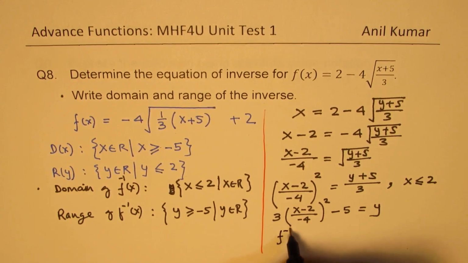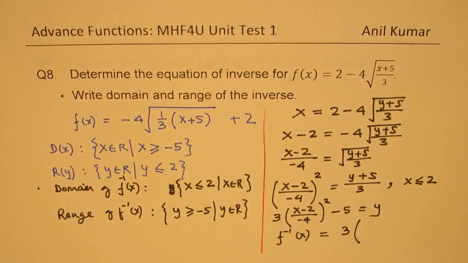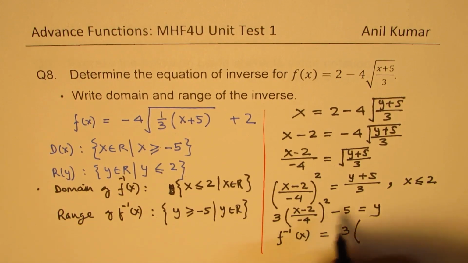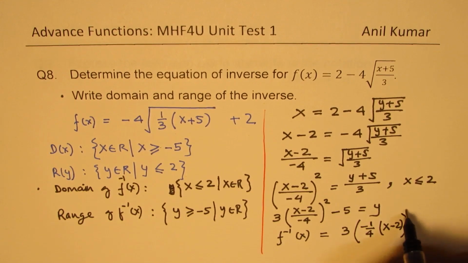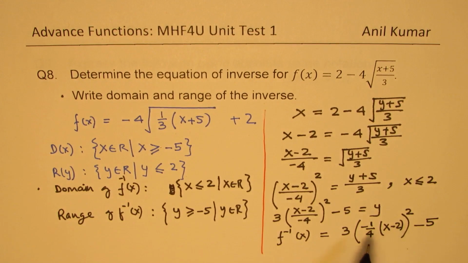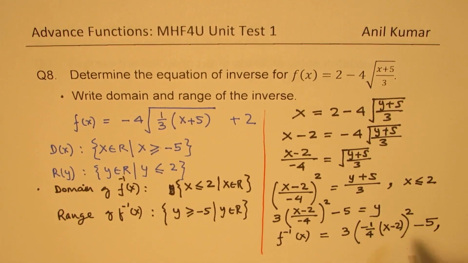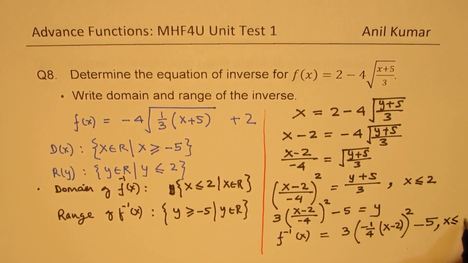And so we can write that f inverse of x is equal to 3 times minus 1 over 4 (x minus 2), squared, minus 5. Now it is very important to understand the reflection part of the parabola also, and also that x is less than or equal to 2.